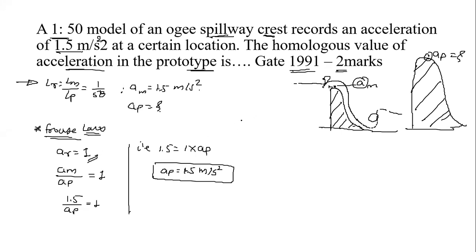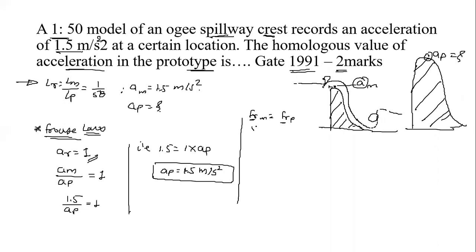If you have not remembered how it comes to be, then we have to go from the basic. How come? Froude model law. Froude's number in the model is equal to Froude's number in the prototype.